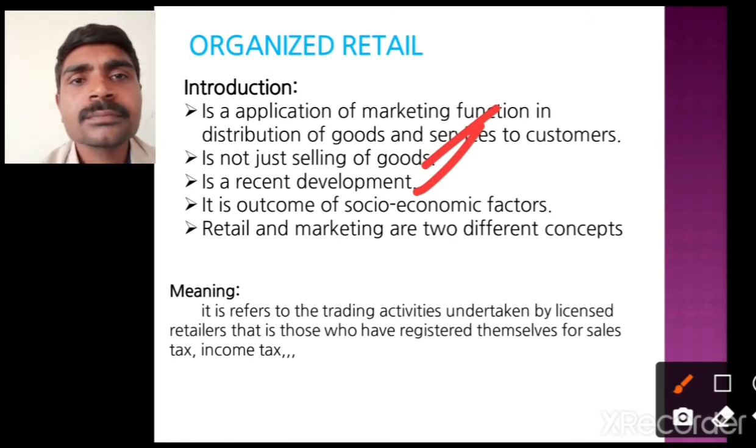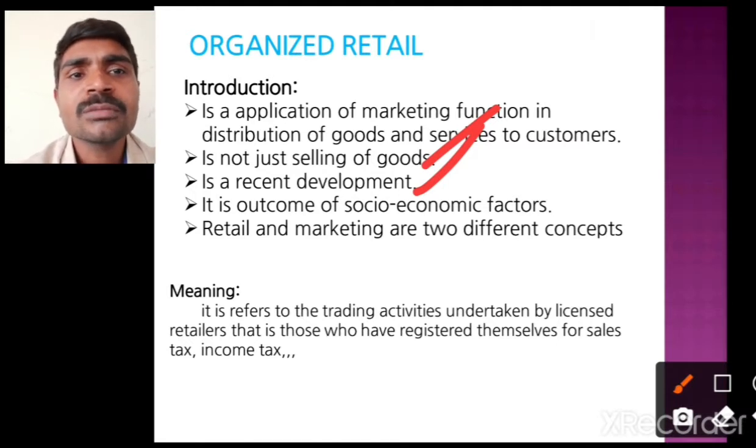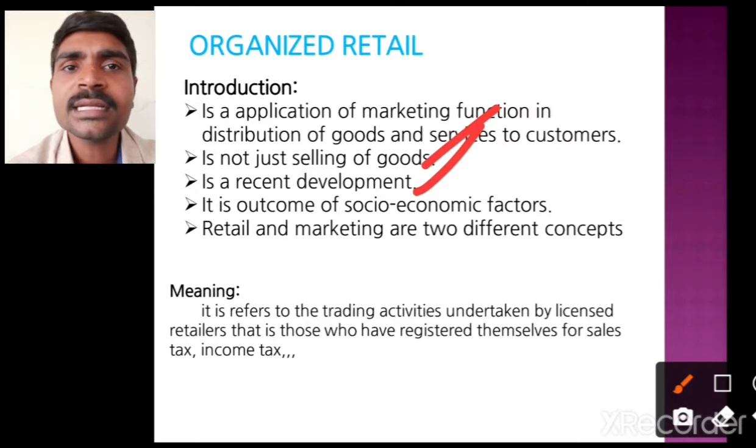As per the customers' needs and wants, everything is systematic, organized and fast. The retailing concept already existed as a traditional method, but the organized retailing concept is recently developed, as per the customers' requisites and wants.